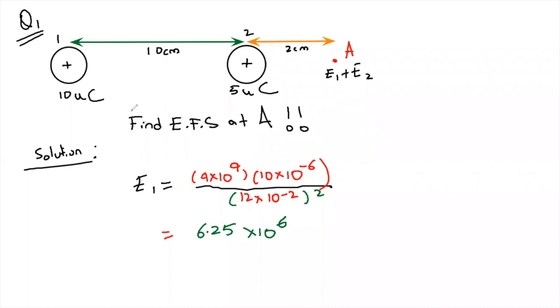Okay, so Sabina, what do you mean by 4? Are you guys talking about this number? Okay, look, E is KQ divided by R squared, right? What is K? It's not 4, it's 9. This is 9.